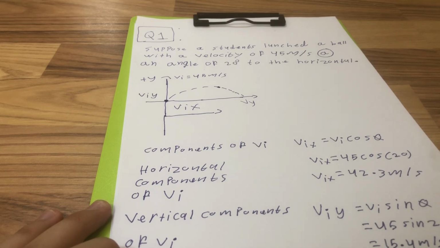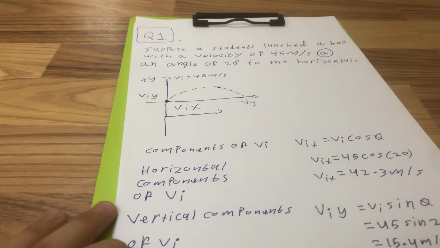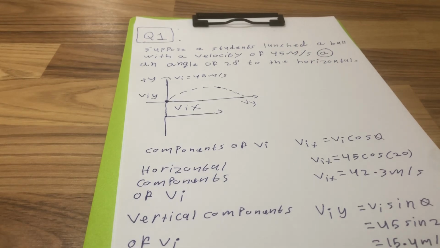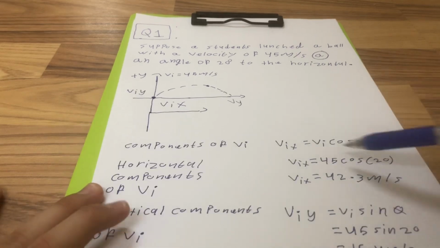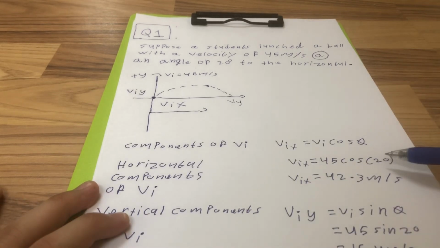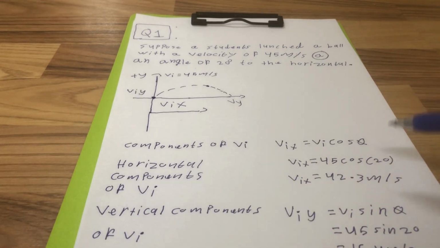VIY means the initial velocity on the y-axis. So VI is 45, the angle is 20. We use cosine if we have x. For VIX we use cosine, but for VIY we use sine, because components mean trigonometry.